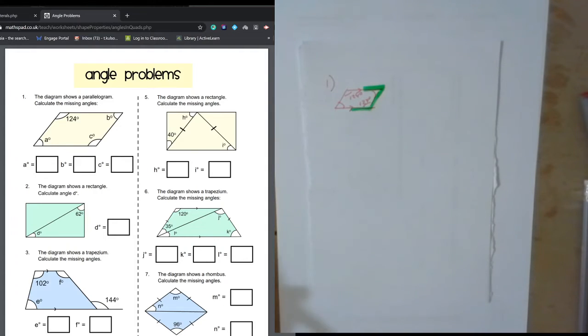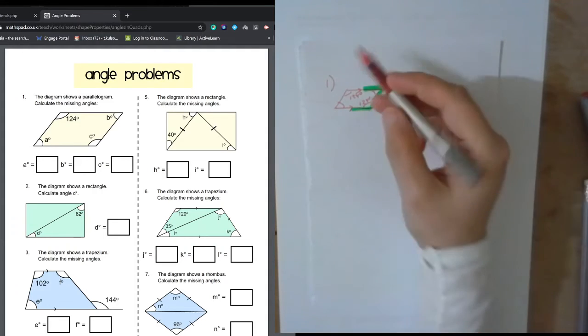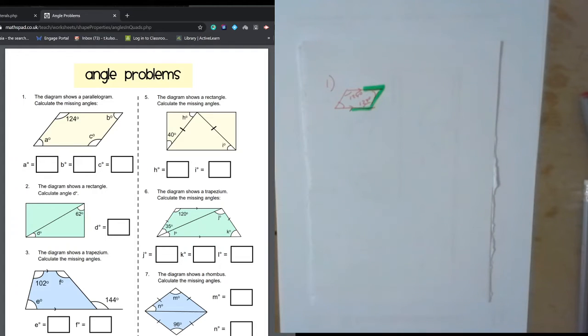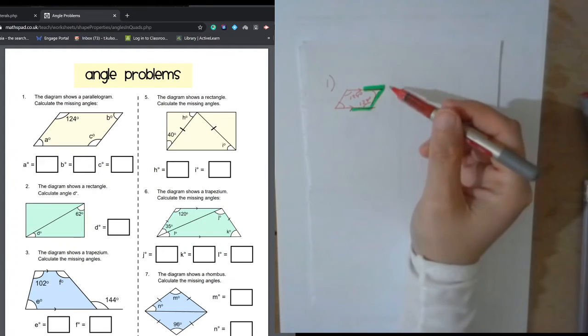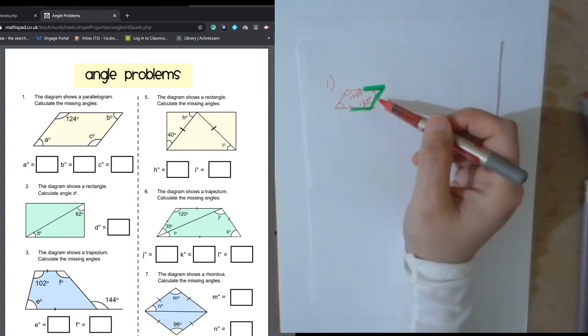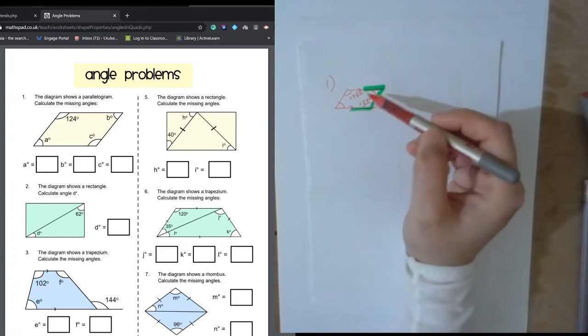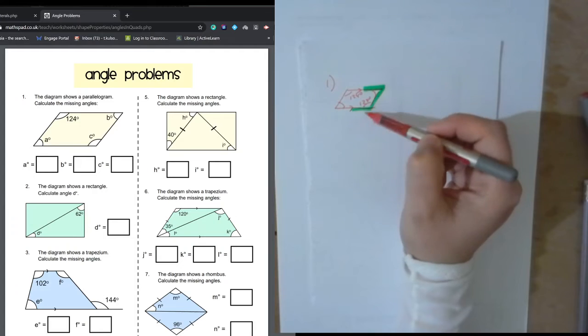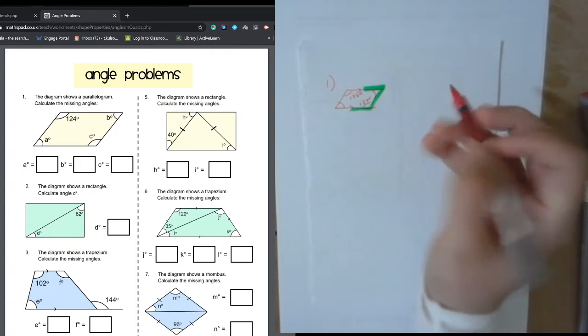You could use angles in a quadrilateral add up to 360, and then just add those two together, take it away from 360, then get the difference and divide by 2, which is a perfectly valid method. Quite a few people do that. Personally, everyone knows I like to go for the shortest route possible. So co-interior angles, that's 124. I know they're going to add up to 180.